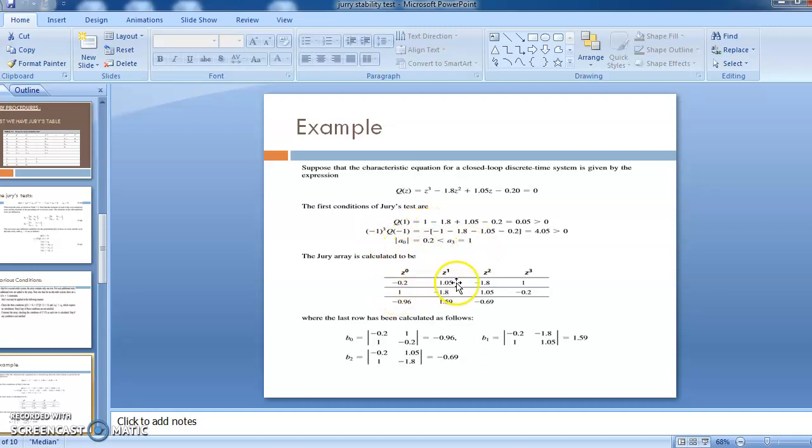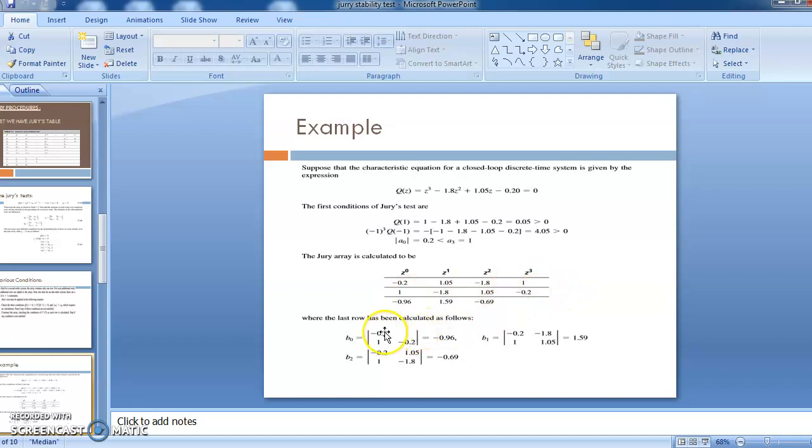Then see here. These are the elements from this characteristic equation, right? And this is the reverse of the first row, 1 minus 1.8, and the third row elements may be calculated from this. First 0.2, 1, and second is last 1 minus 0.2.